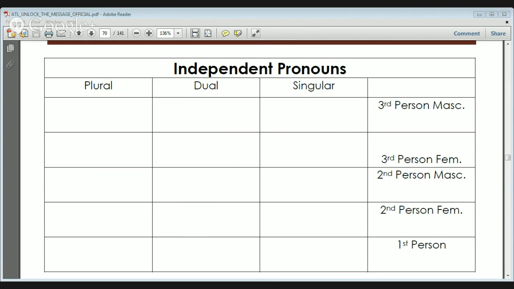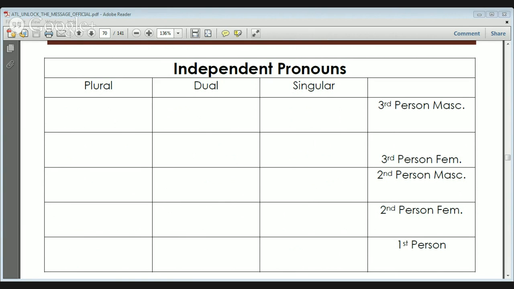Second one is huma, which means both of them. Now, luckily for you, the attached pronoun is the same as the independent pronoun.